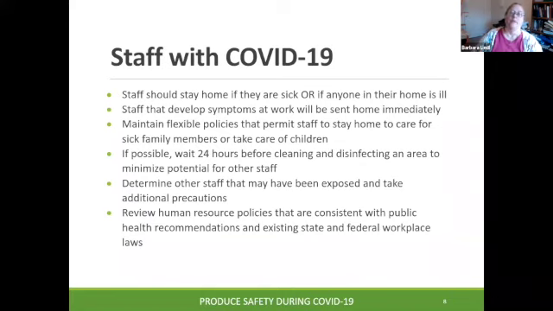All right. If you have staff that actually have COVID-19, what should you be thinking about putting in place? Number one, they should stay home if they're sick, or if anyone in their home is ill with it. If they develop symptoms at work, you've got to figure out how to get them home. That is not trivial.